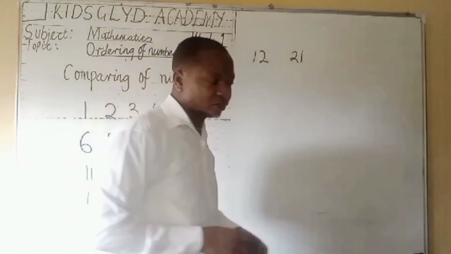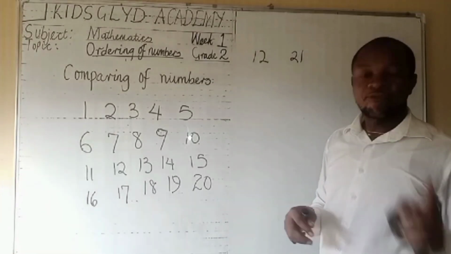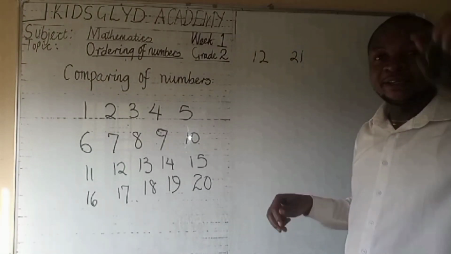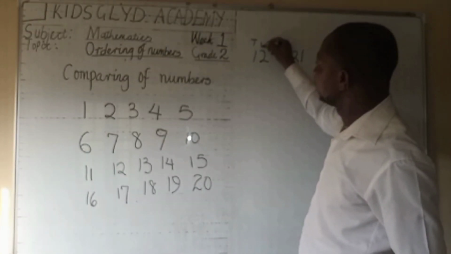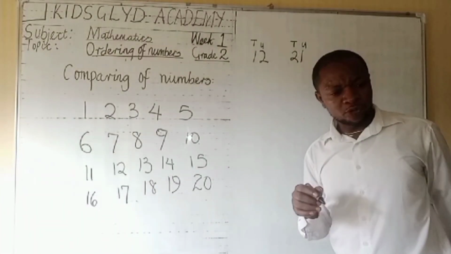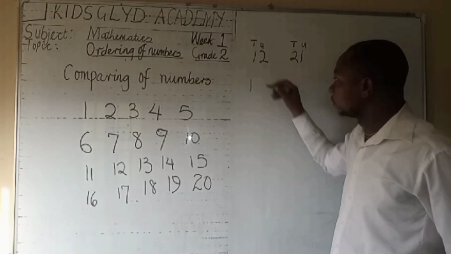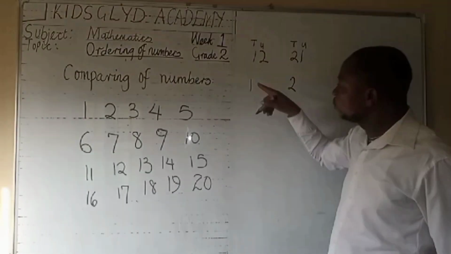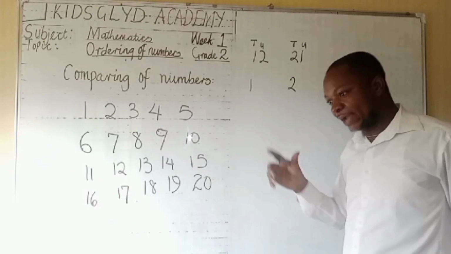Now, which one is greater or smaller? The best thing for us to do, first, is to consider the number that fell under tens. Place value, this is tens, this is unit. This is tens, this is unit. I hope you are following. Now, the first number under tens here is 1. The first number under tens here is 2. Between 1 and 2, which number is greater? 2, right?